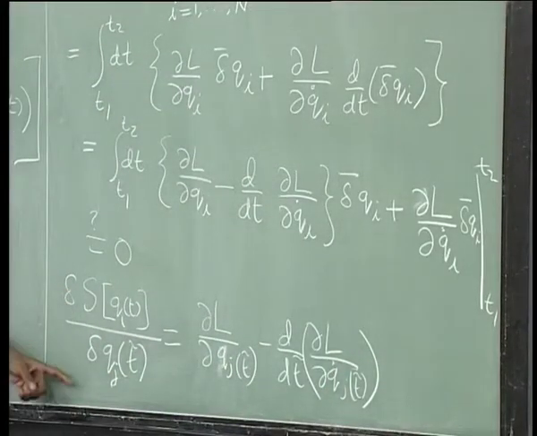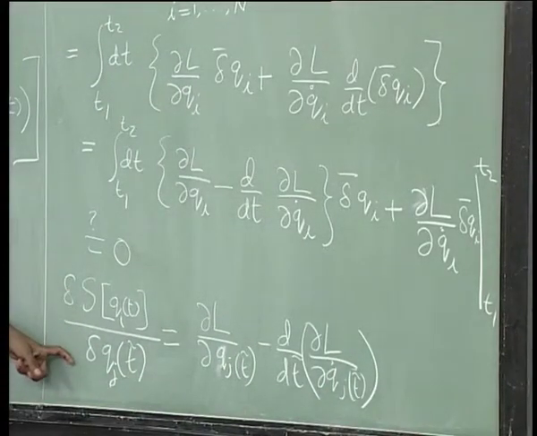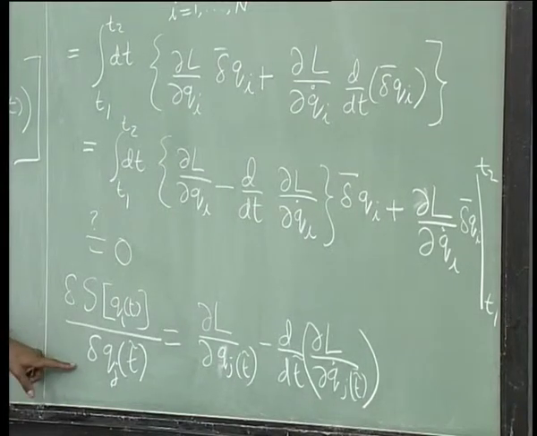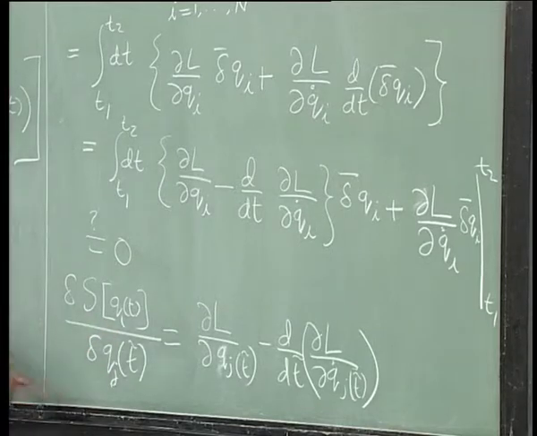Okay, so this object has a right to be called the functional derivative, because it is the derivative of a function with respect to a change in its argument, which is a path.